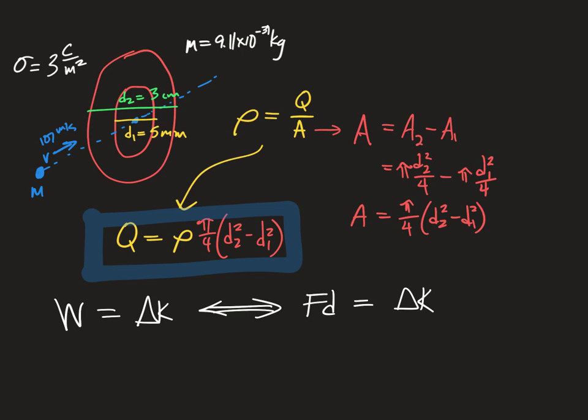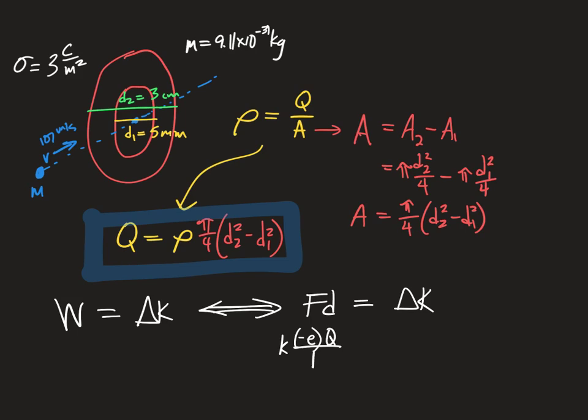Because I don't want to carry all those symbols around. So force times distance. What force, what distance? Well, the force would be Coulomb's law, which specifies that there's this electron in the electron beam, given in the problem, and there's this charge Q that I could substitute all that stuff in for.